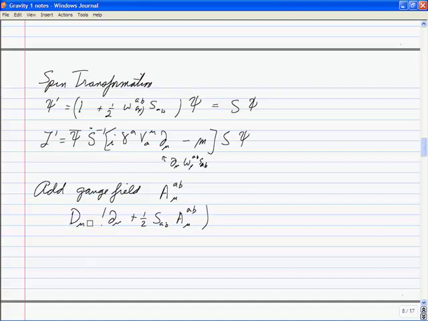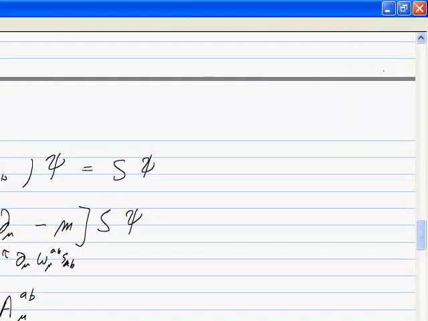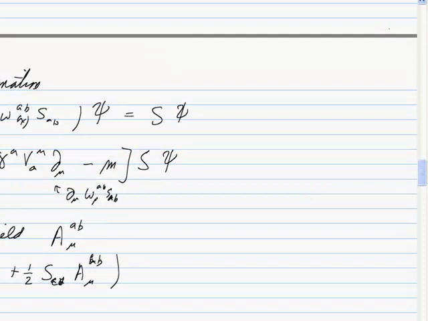Actually, sorry, I guess I also need my little vierbein. So this is e_A^mu d_mu. Then these indices have to be rewritten as CD. Sorry about that.